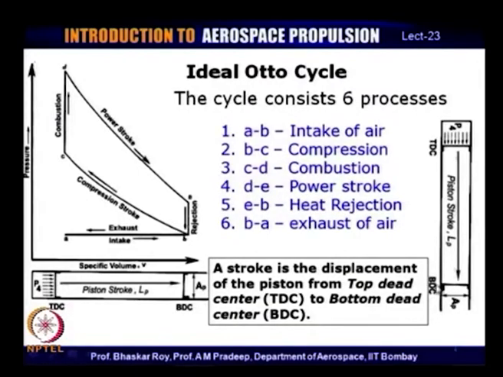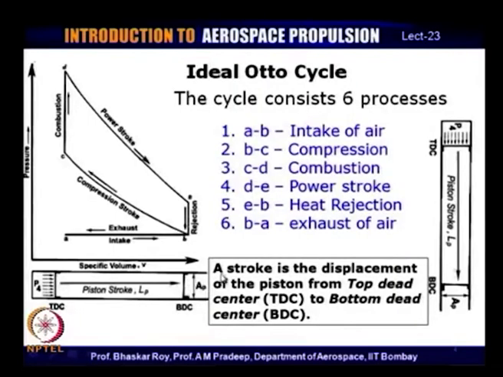The names stuck, though the pistons are not necessarily always in an upright position; quite often they are in a horizontal position like this, but the names TDC and BDC have remained for almost 100 years, and people continue to use those terminologies.